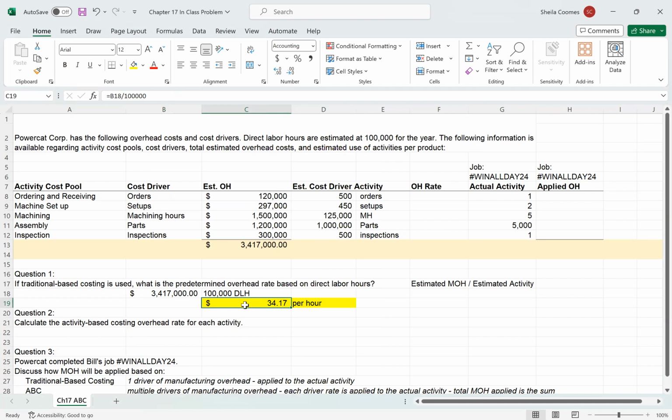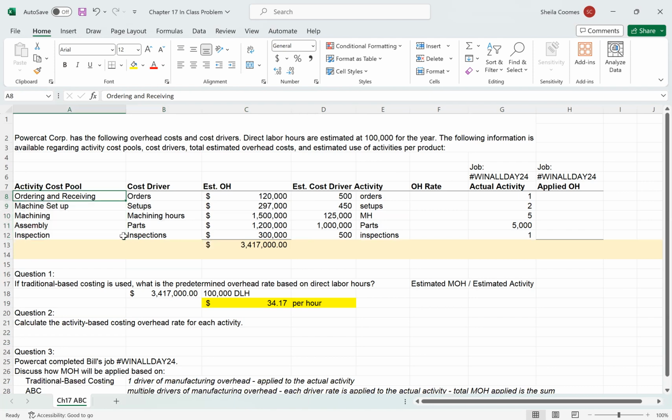So how is activity-based costing different? Well, activity-based costing is different because it says, well, wait a second. Of this 3.417 million, each of these estimated overhead costs are driven by a different driver as a result of a different activity.